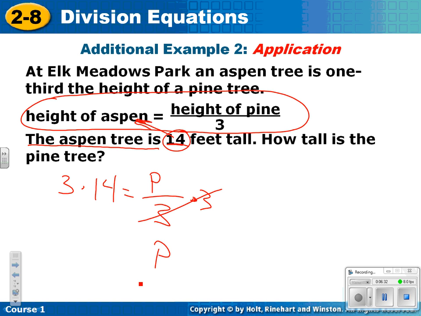We're left with P equals, what is 13 times 4? 42. 42 what? Feet. Okay? You guys handle this stuff? I'm sure you can. I told you, algebra is easy.